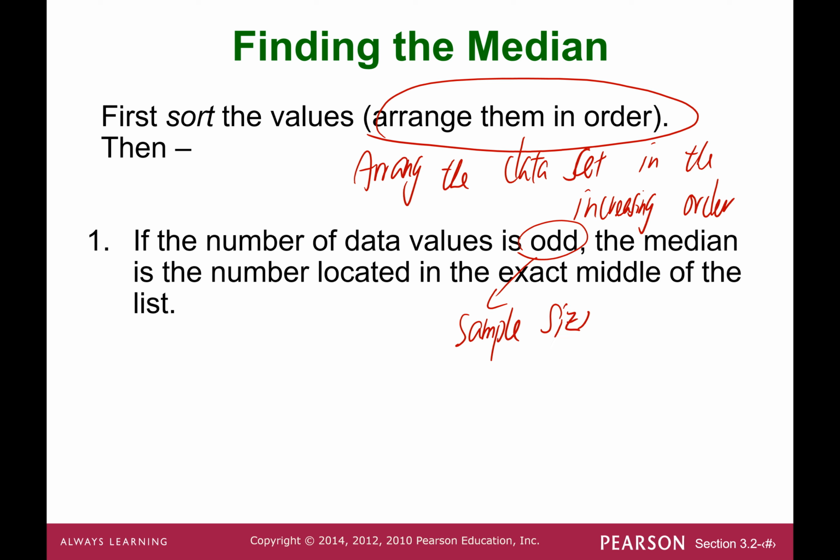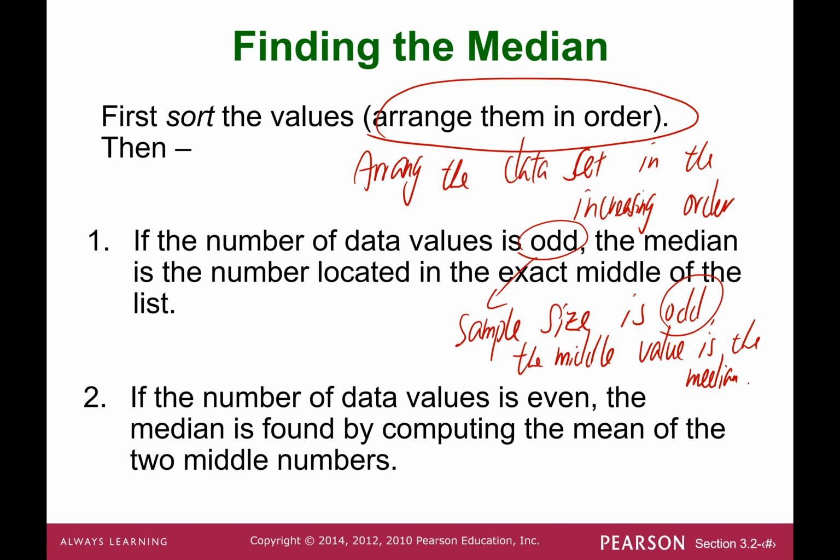Sample size is odd, then the middle value is the median. And this is the first scenario, when it is odd. And if the number of data values is even, then the median must be computed by adding the middle two and dividing by 2, so averaging the middle two basically.